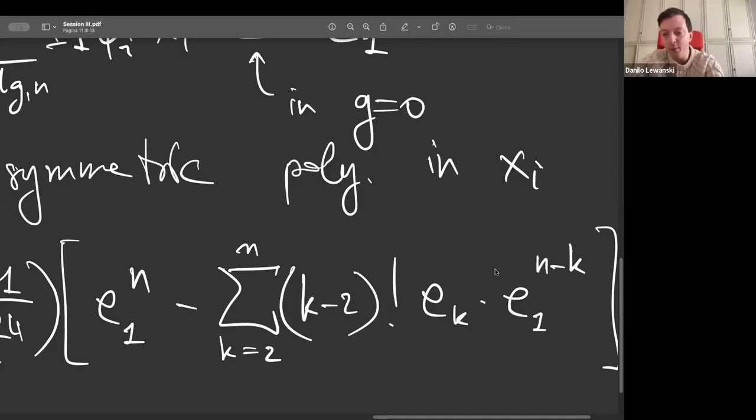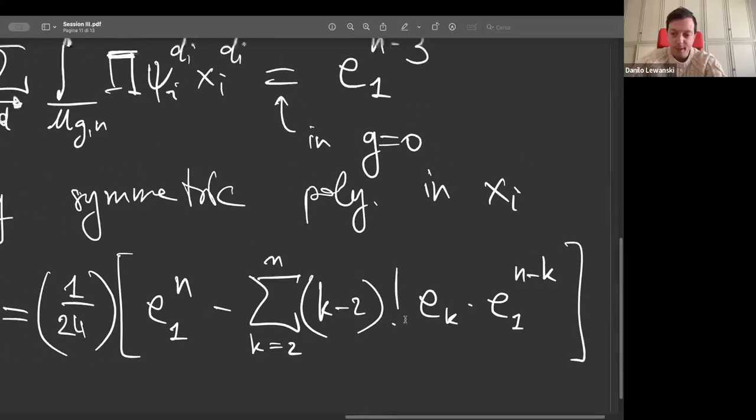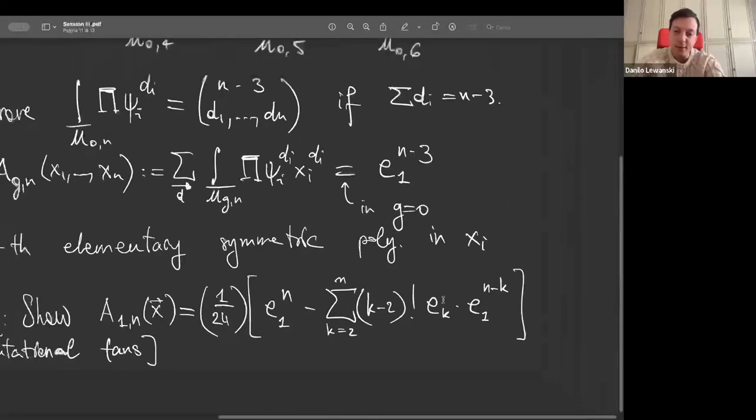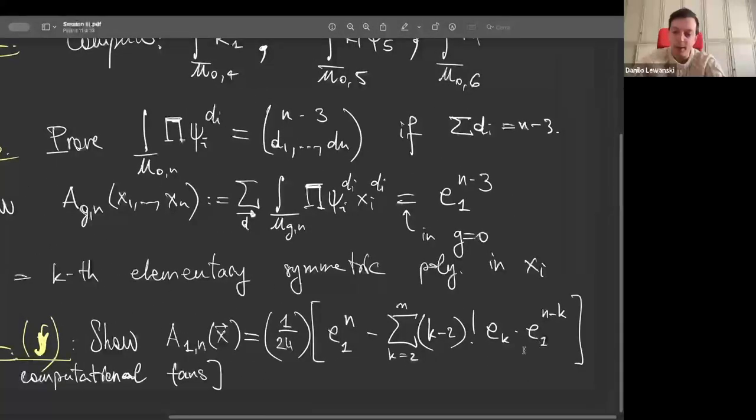Because indeed, you would have E1 to the power 1 plus n minus 1. So they simplify and give you this E1 to the power n. But anyways, somehow this correction takes care of terms that have not only E1s, but other elementary symmetric polynomials. And the answer is that you get all of them up to the nth one, but then you have these coefficients. And so indeed, the answer does not include just E1, but also all the other E_k's.